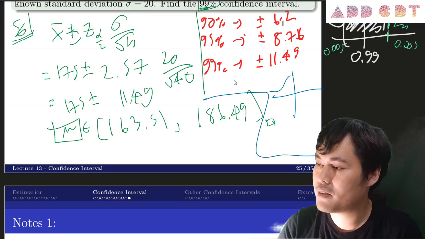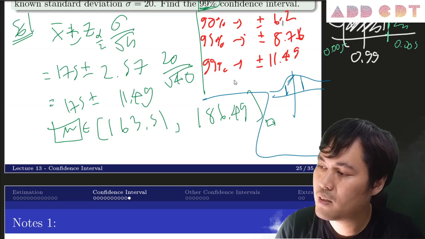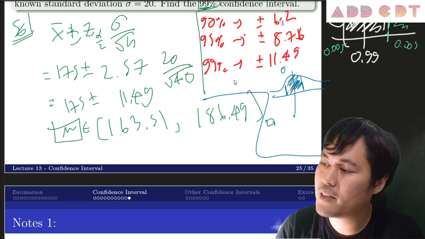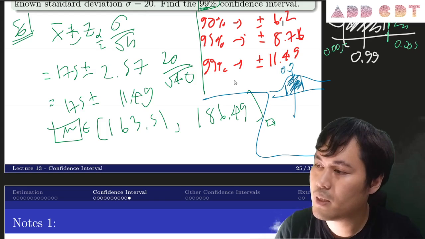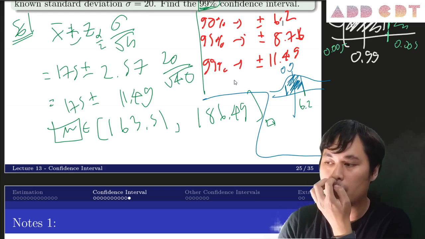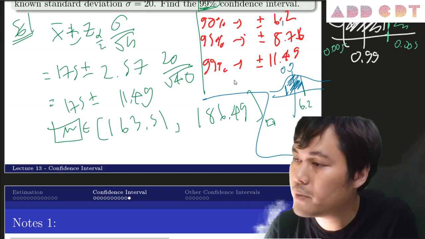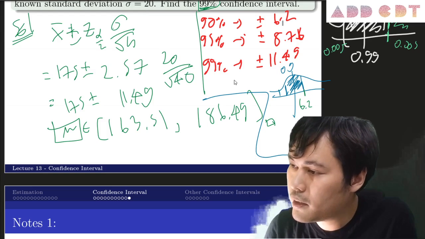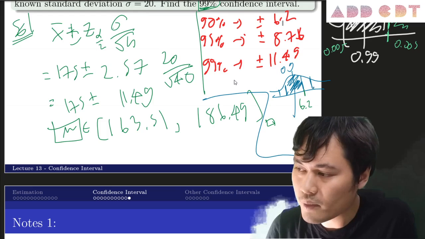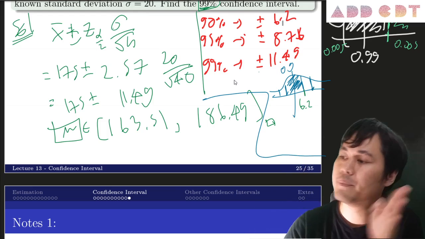And the answer is yes, because if we want the area to be 90% or 0.9, then we get some number. And that's 6.2. If we increase the area, and now we want the area to cover 95%, then the point that we choose here has to be further away.